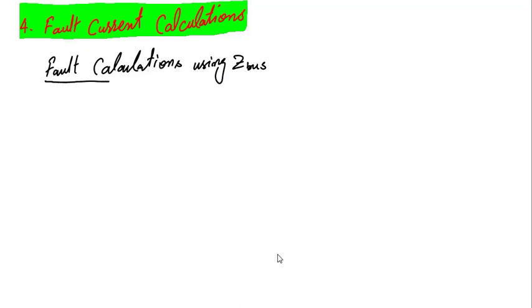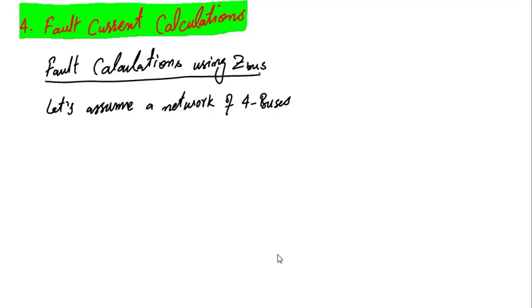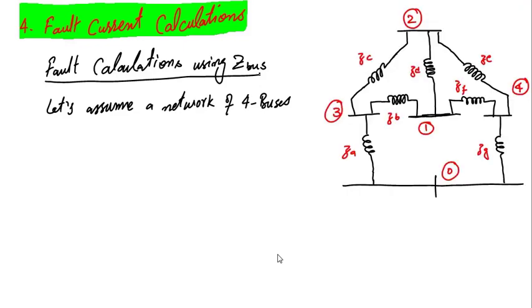So now here we see how we can use Z bus for the fault calculation. Let us assume a network of 4 buses. Here is that network. I haven't shown any source over here, so current injection can also be shown over here. This is just the network. The impedance is present in that network. Here we can see there are 4 independent nodes and a reference node named 0.